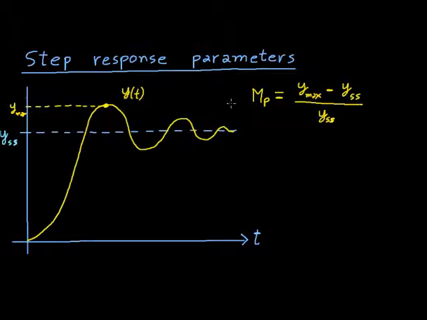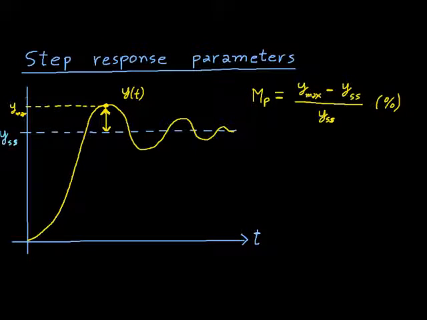That is, this is a ratio between this amplitude, the amplitude of the peak, over this segment here. Sometimes it is expressed in terms of percentage. So with an overshoot of 100%, the peak would be doubling the final value of the response.